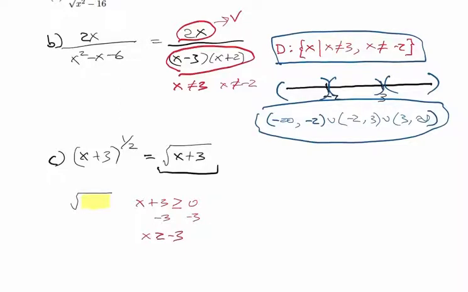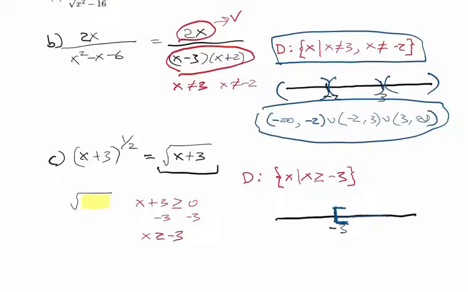So for set notation of the domain, capital D means domain, x such that x is greater than or equal to negative 3. And in interval notation, put negative 3. Now it's greater than or equal, so that means we put a bracket, meaning we include negative 3.